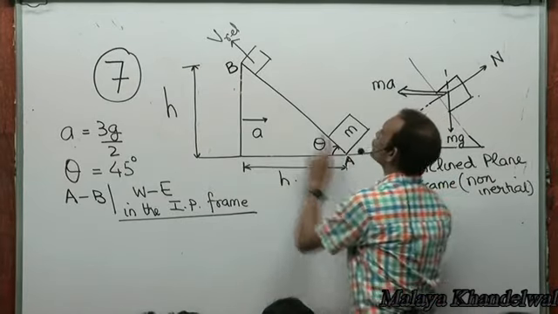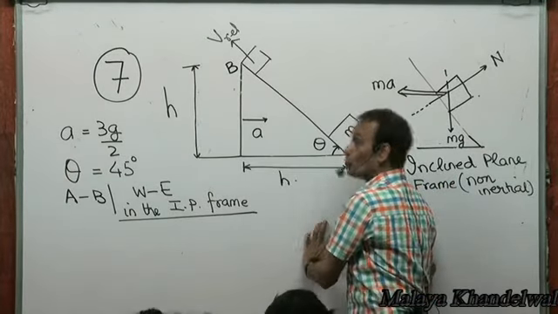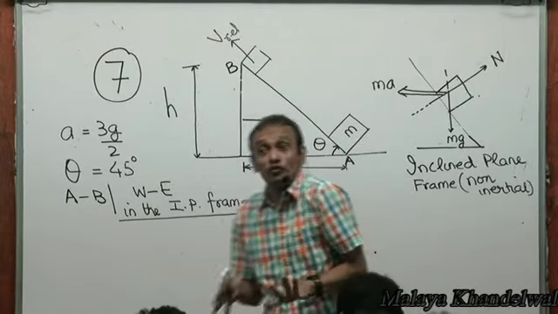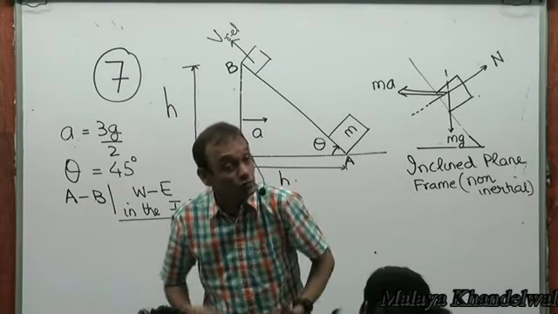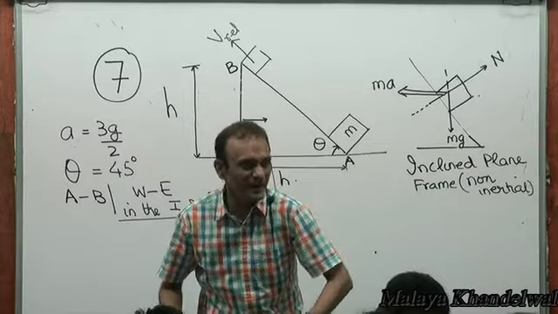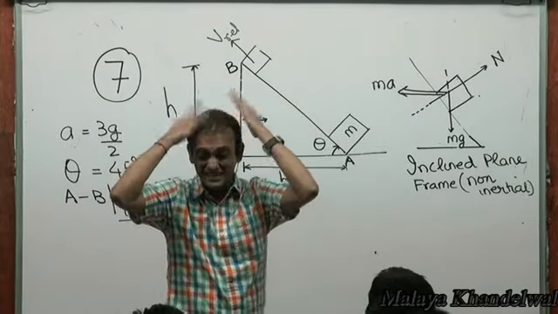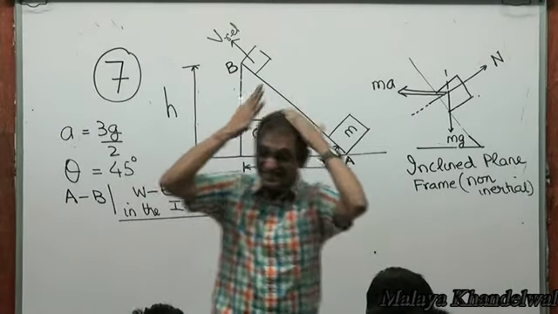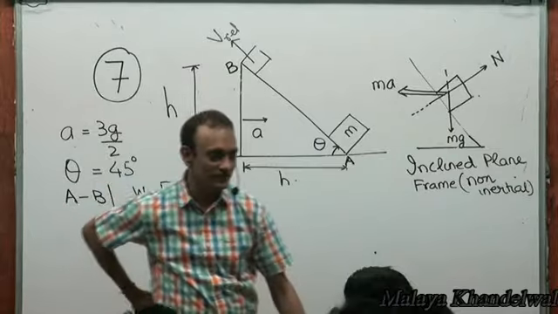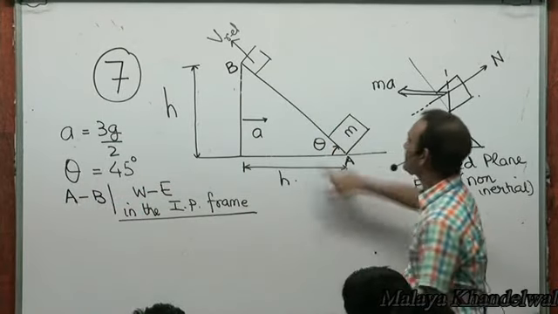Now, when the particle goes from A to B, all the displacements would have to be taken with respect to the trolley, right? Sorry, IP, inclined plane. I've been saying trolley all along. I'm so sorry, the inclined plane.